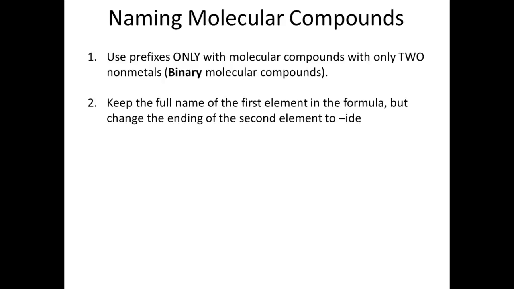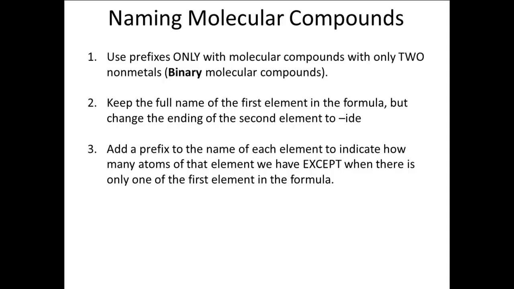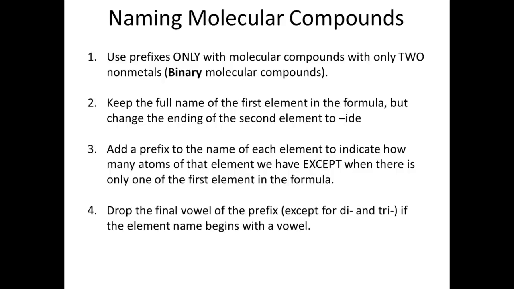Keep the name of the first element, but change the ending of the second element. Add a prefix to show the number of atoms of each element. And drop the last vowel of the prefix if it is appropriate. Pause the video to write these down if you wish.